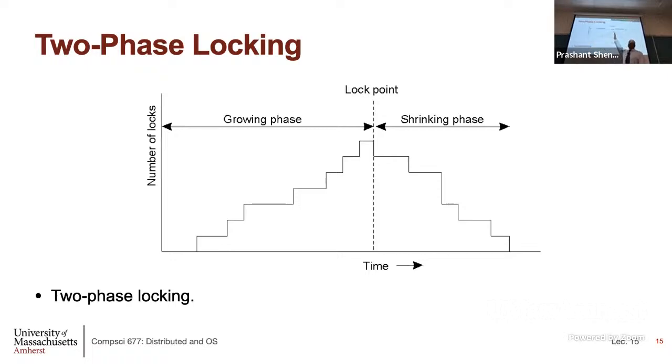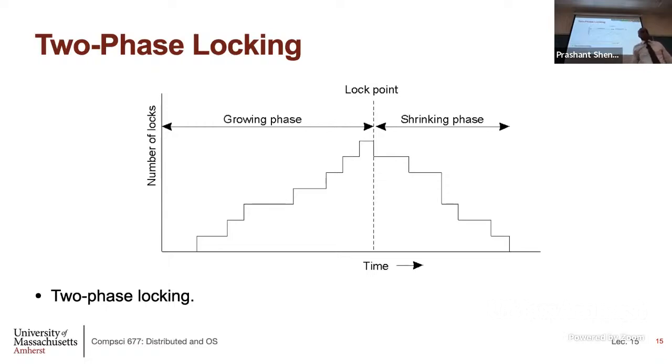At this point in time, all the data items you have to touch have been touched. Then the scheduler can start releasing locks, but once you release, you cannot get any more locks. So you have to wait until you are sure that the transaction will not touch any new data items. At that point, you can start releasing, and as you're done with each one, you release it. This is the shrinking phase.